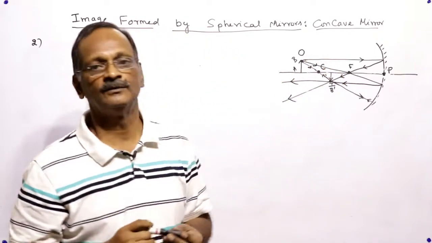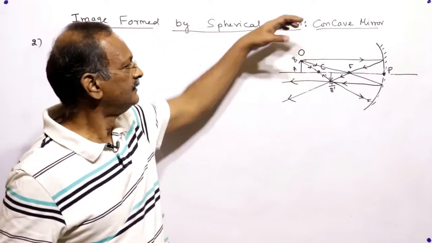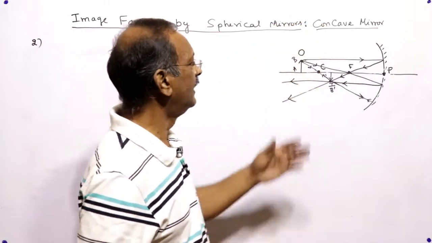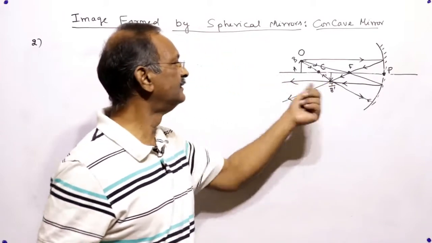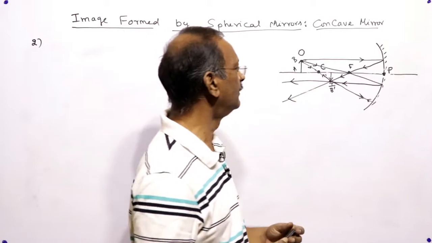Of all the rays we take, at least 2 rays are sufficient. These rays, starting from the object, after reflection from the mirror surface, the reflecting surface, meet at a point.